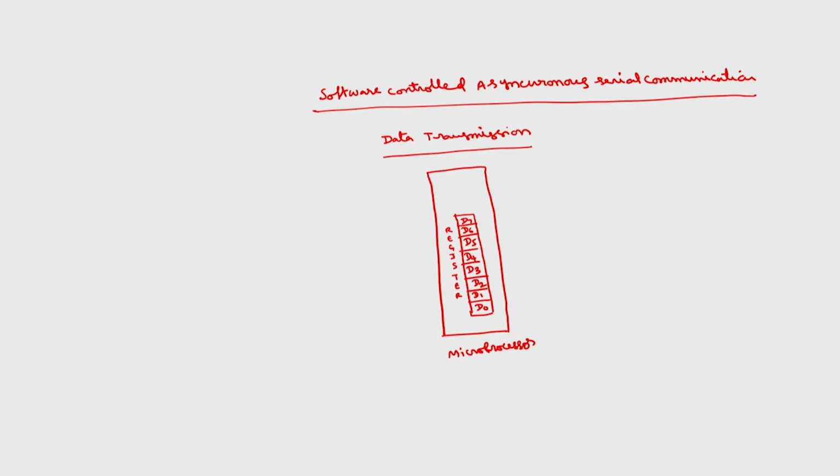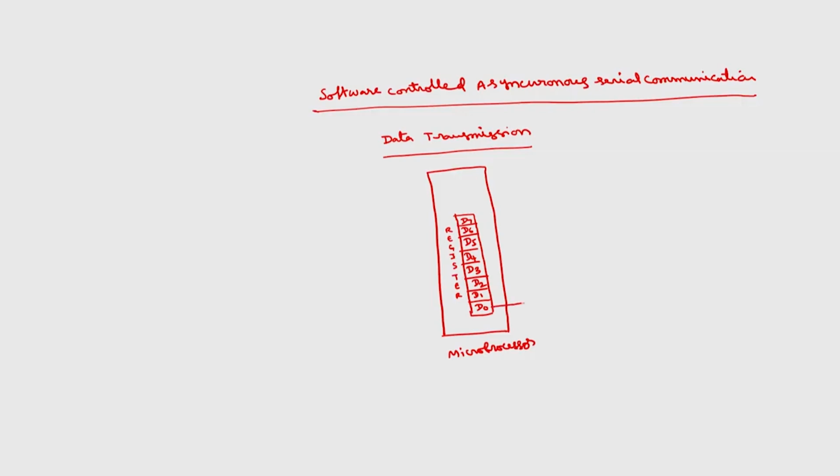The data that is to be transmitted on the serial line, I will first take into some register, because this register will contain parallel data. So I will transmit bit by bit. First I will transmit D0 onto the serial line. Because we are going to transmit, we have to use an output port.